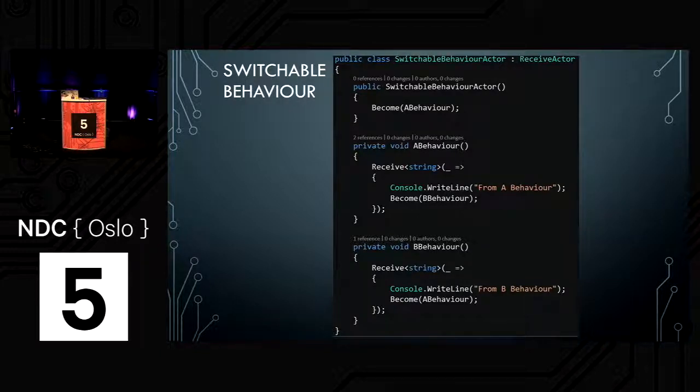So that means that you can build quite complicated state machines like that, but without any ifs and buts at all, which is really, really useful. And there is also a version of this called become stacked.